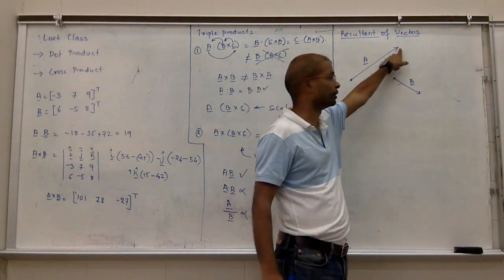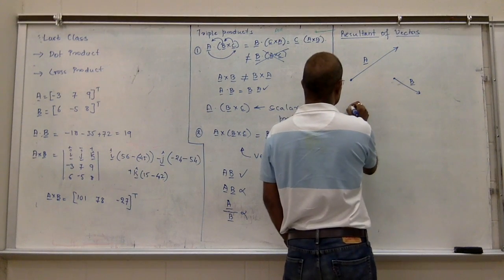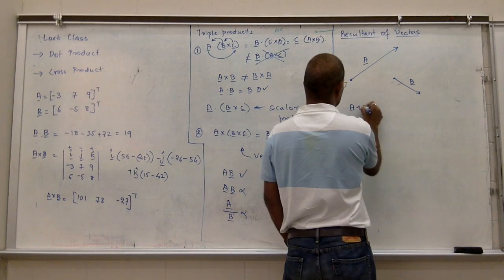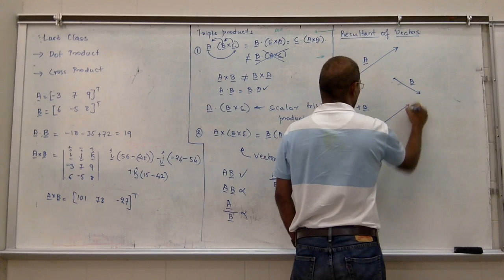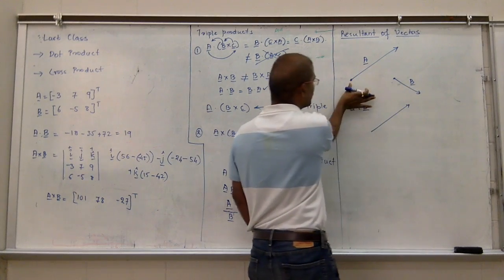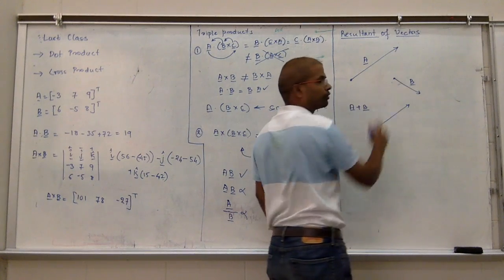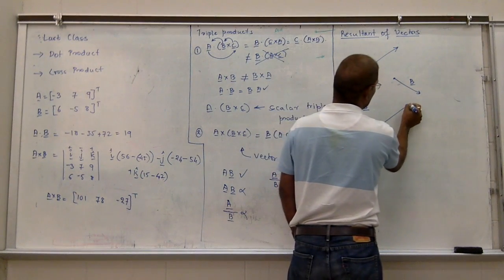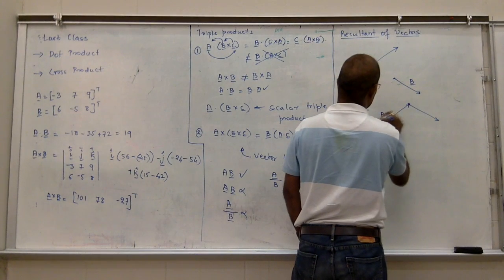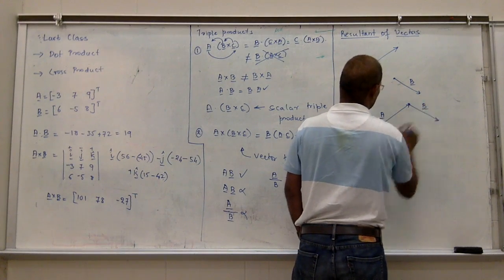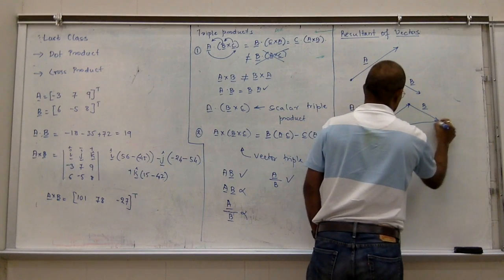This is called the head of the vector. So if you want A plus B, what do you do? You take A, and you take B and join it here. You join the tail of B to the head of A. So you have A, B. A plus B is this way.